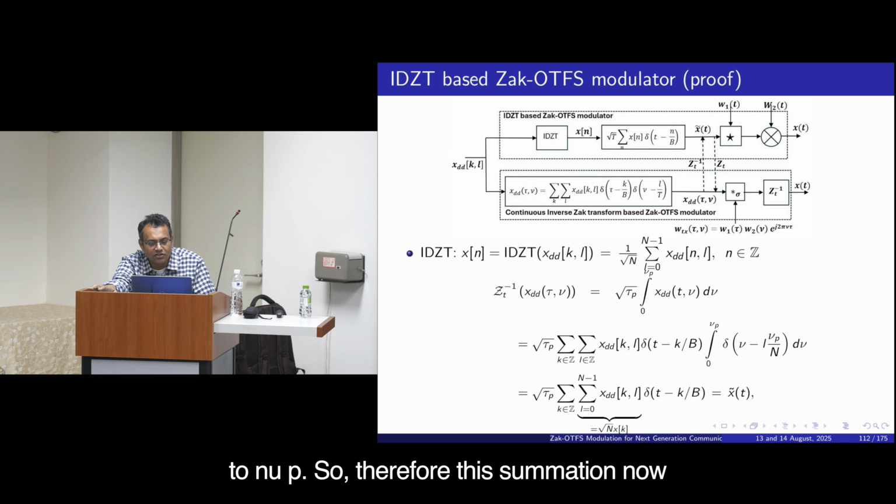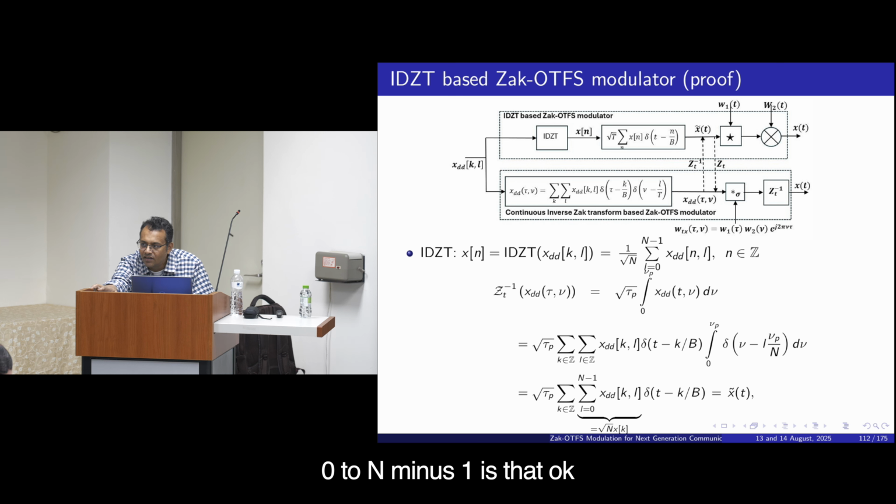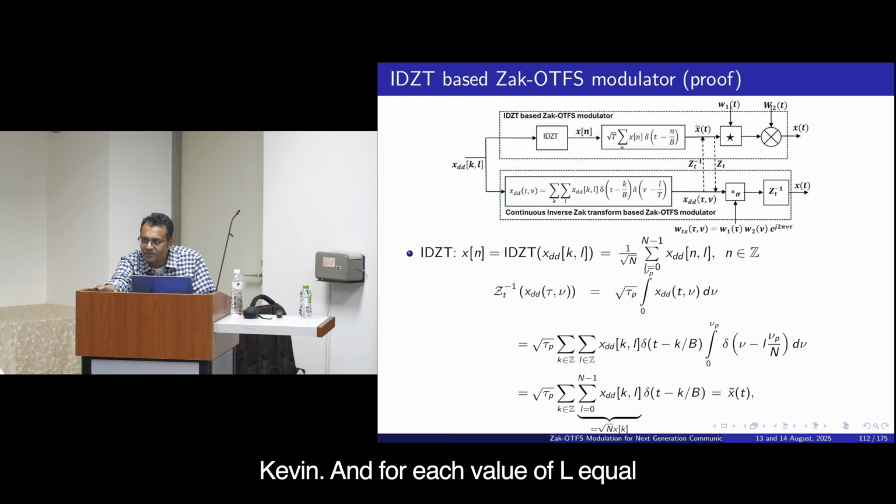So, this summation now becomes a finite summation from L equal to 0 to n minus 1. Is that okay, Kevin?